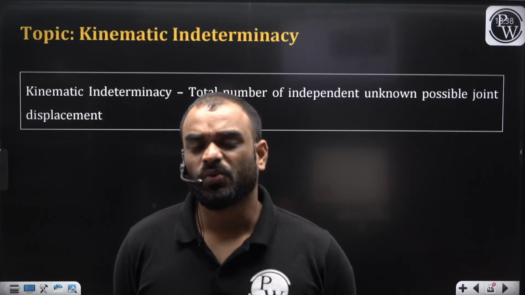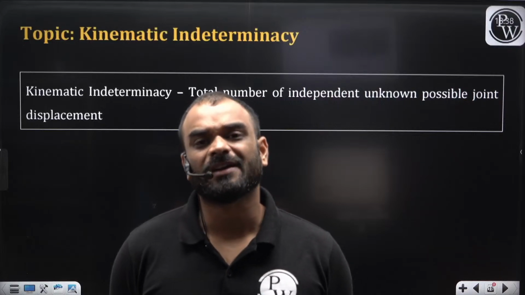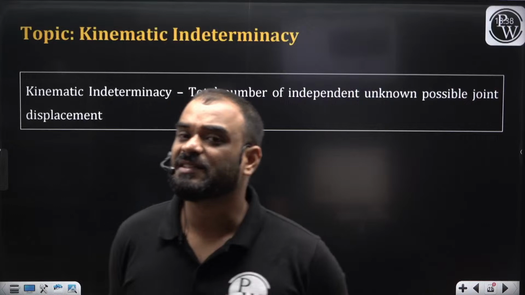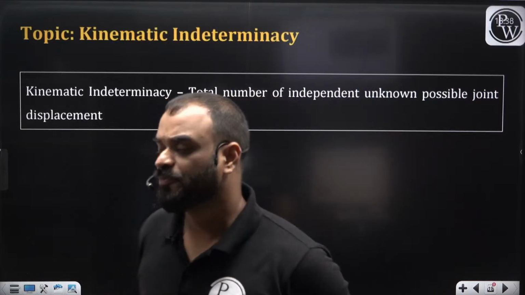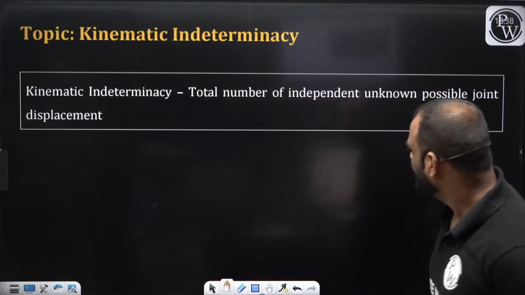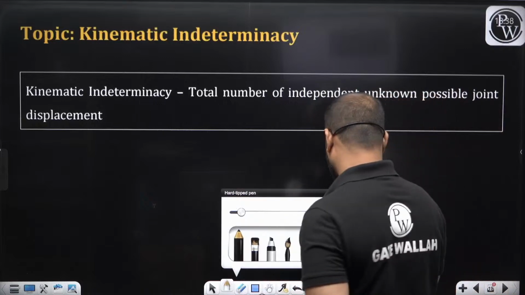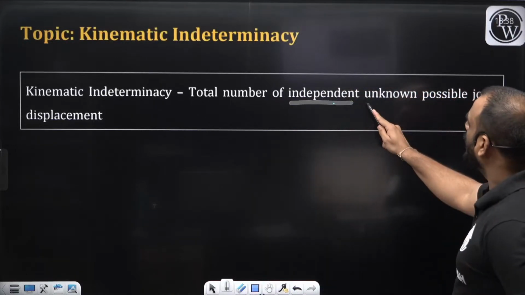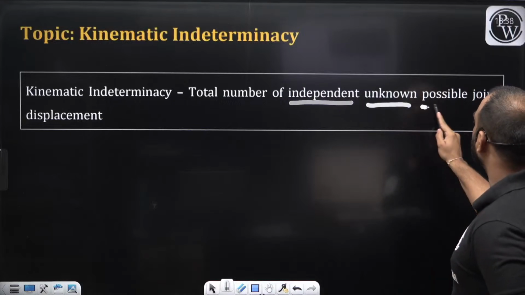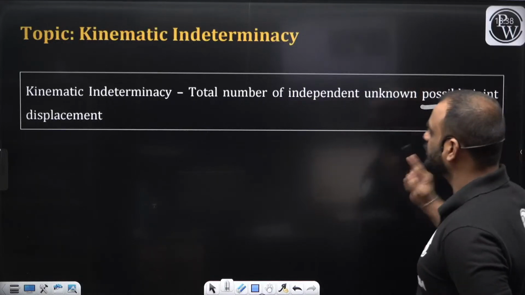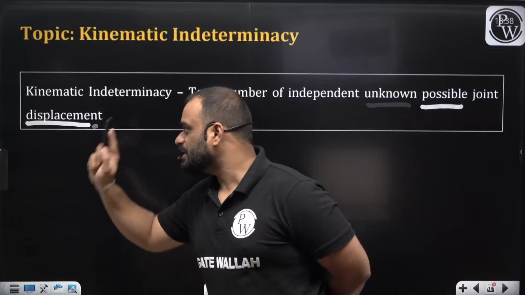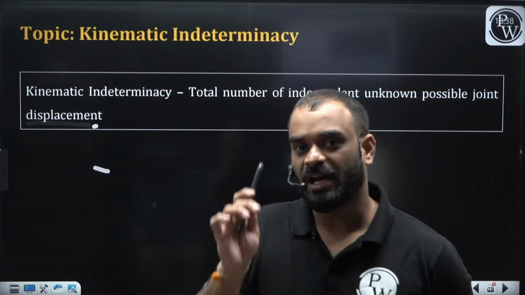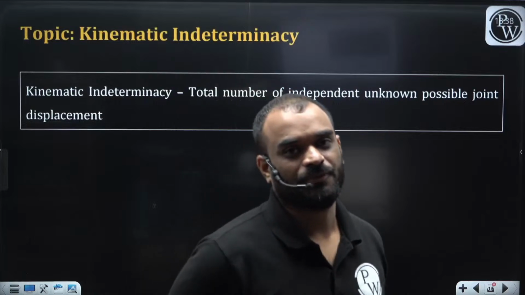Now guys, the question is, sir, what do you mean by kinematic indeterminacy? Kinematic indeterminacy is the total number of independent unknown possible joint displacements in a structure.